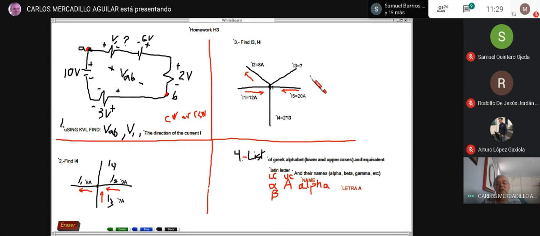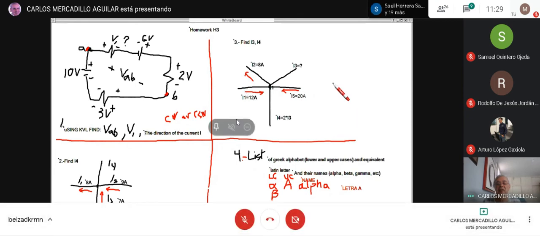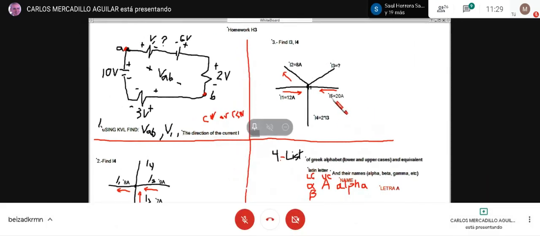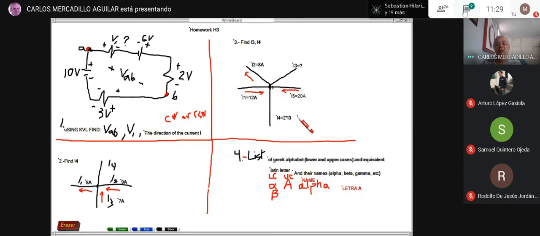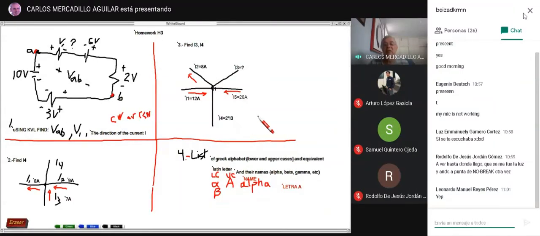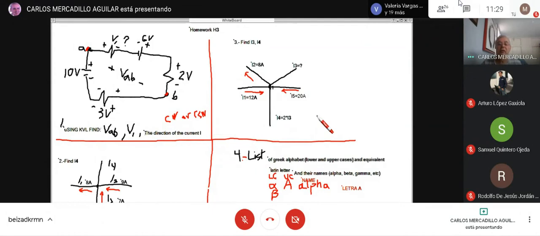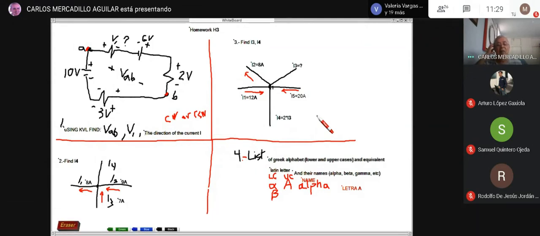Then we have the third. In this case, we have 5 branches and 5 currents. I1 is incoming, so you will know whether to put a positive or negative sign. Current I2 is outgoing, so you will also put the corresponding sign. I3 is a question mark. We don't know I3.